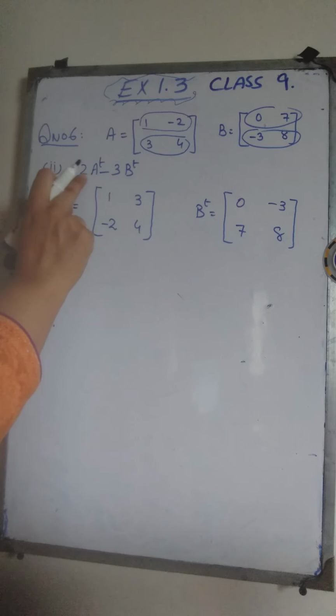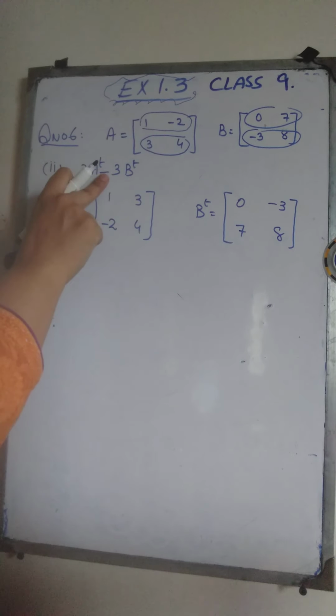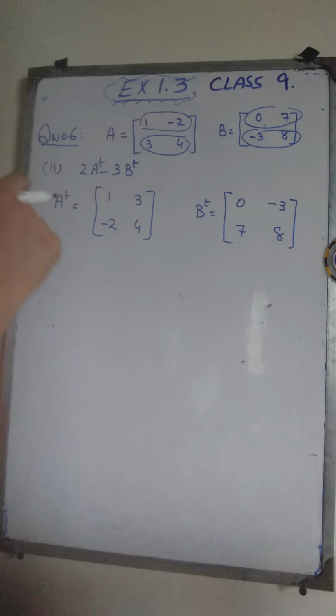We have to multiply A transpose with 2 and then subtract 3 times B transpose from it.